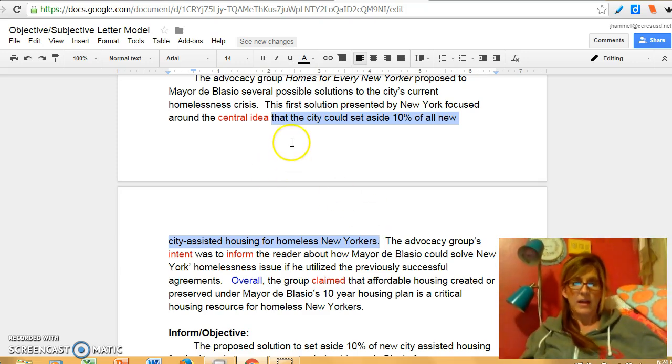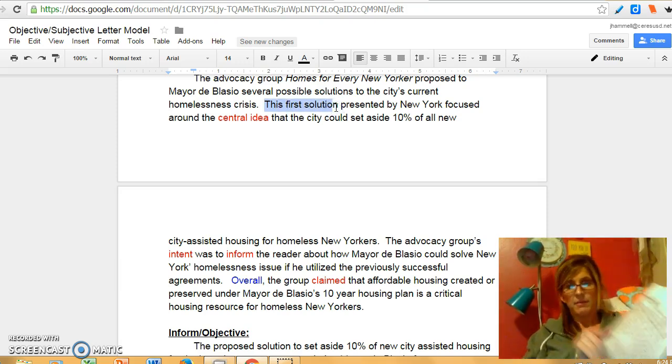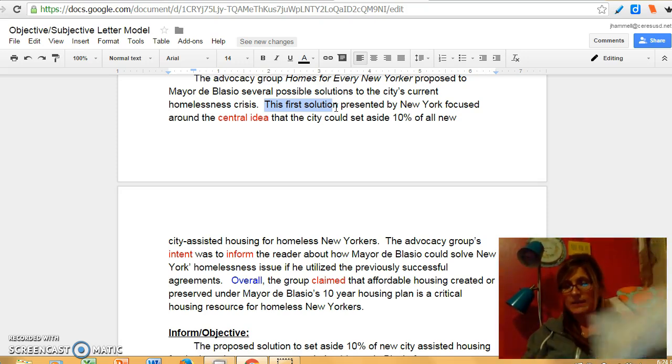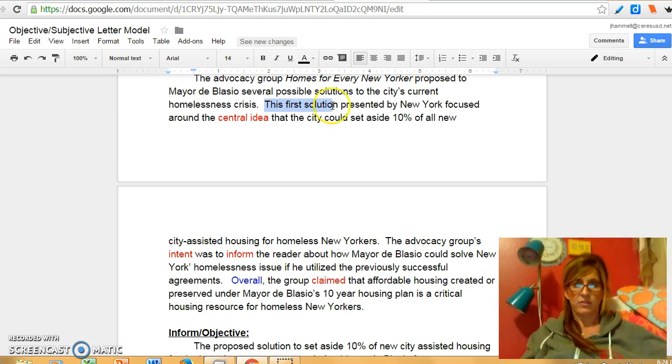Now, not everyone is going to say this first solution because each of you has a different solution number. Some of you have solution number 3, some of you have solution number 8, some of you have solution 5, some of you have solution 6. So this sentence could change a little bit at the beginning.